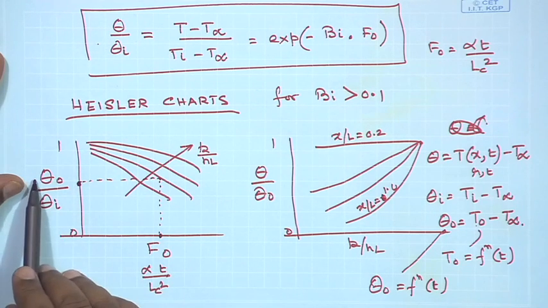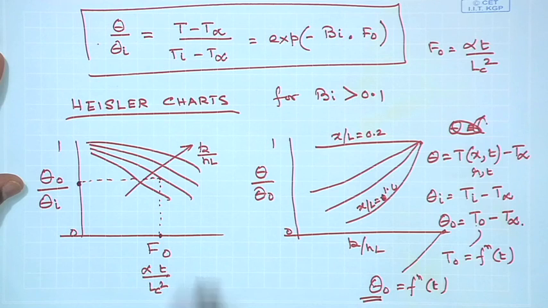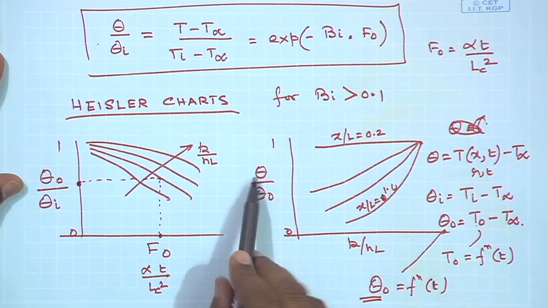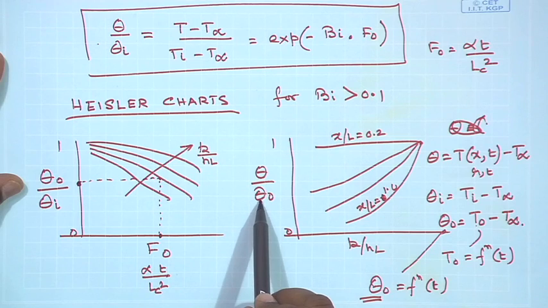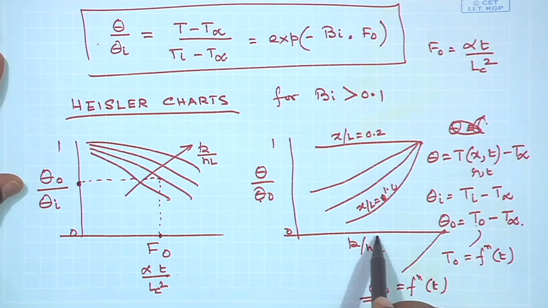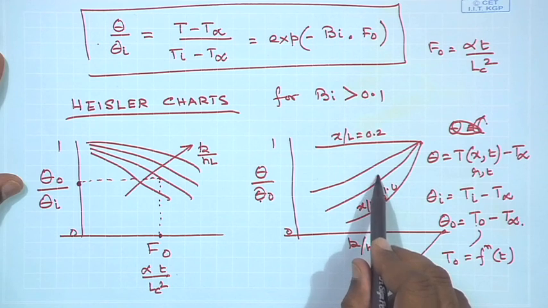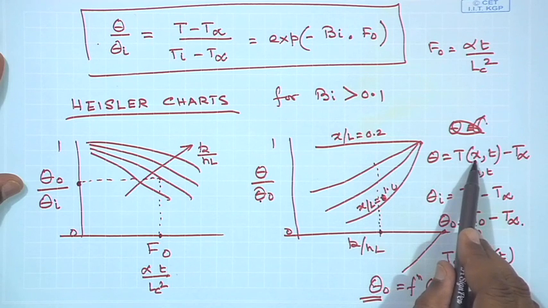Once I find out what is theta 0 at a given time, then I come to this second curve. The second curve gives me theta, which is the temperature at any location, divided by the temperature of the center line, as a function of k by hL. Since k by hL is known to me, I evaluate that value and go to the point corresponding to the x that I desire.